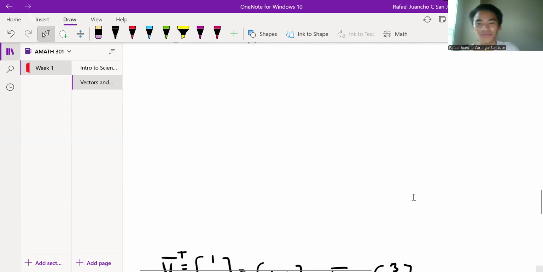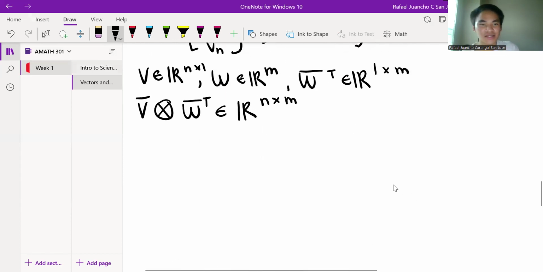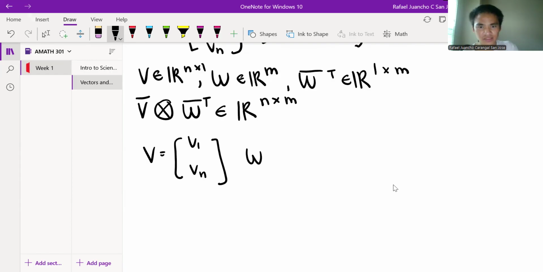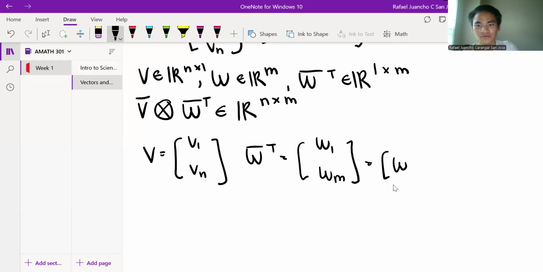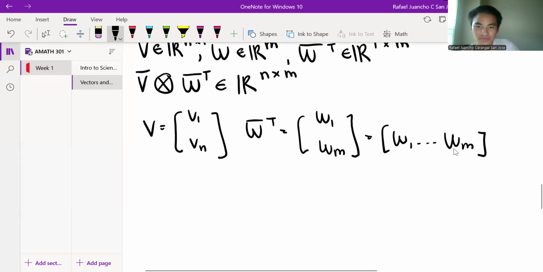Let's actually see this in action. So we have a vector v1 all the way to vn, and then this w transposed. If we transpose, w1 all the way to wn is going to be w1 all the way to wn in a row.